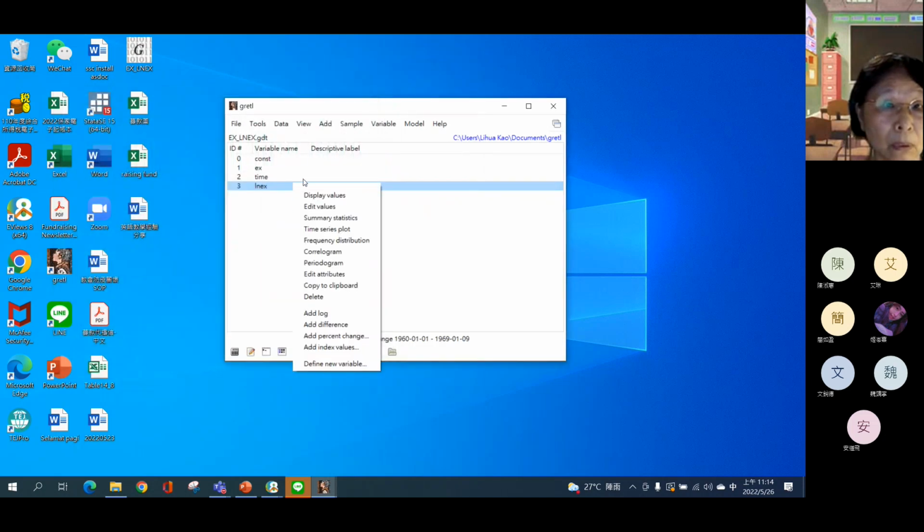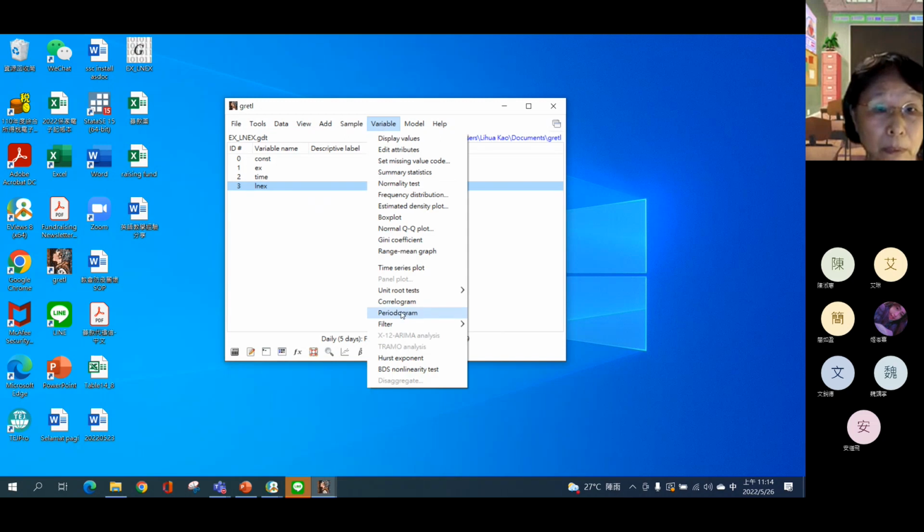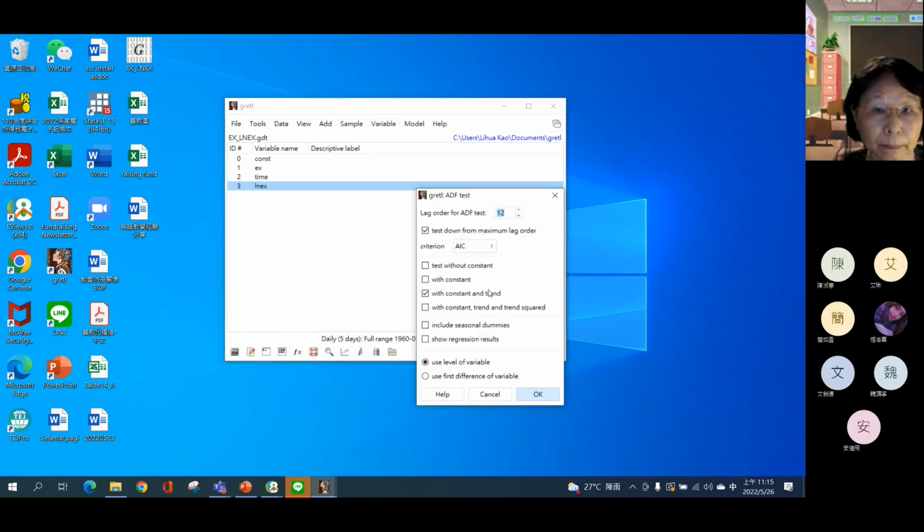Then I'm looking at the unit root test. Here I do have the correlogram too, so you can check it from here. Unit root test, and this is the augmented Dickey-Fuller test. First of all, lag order for the ADF test: I'm using 12. The criterion is the Akaike information criterion.